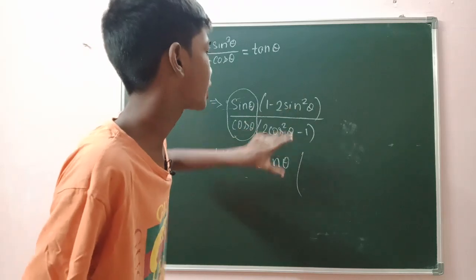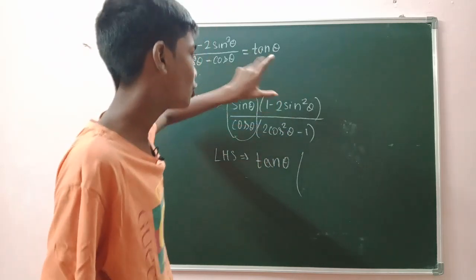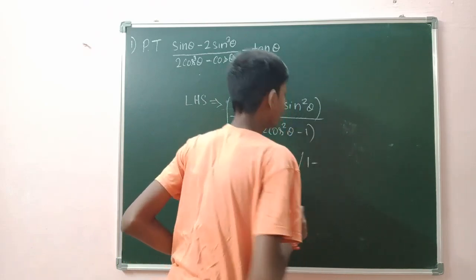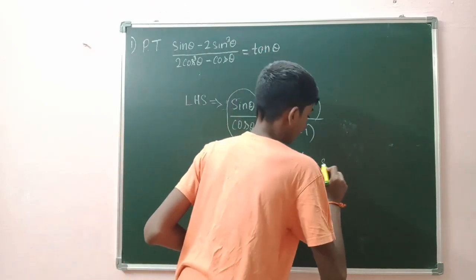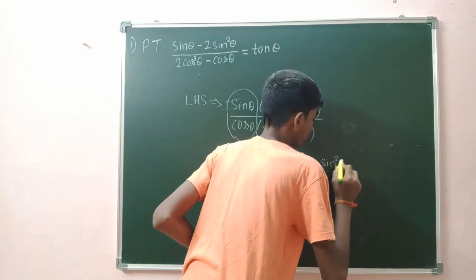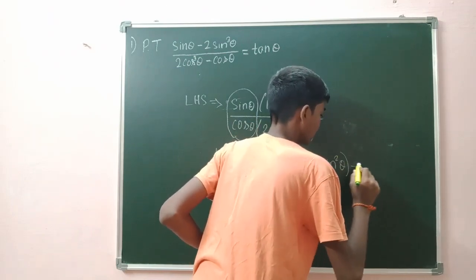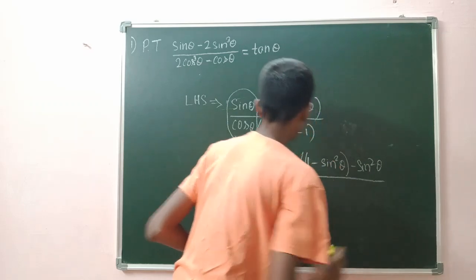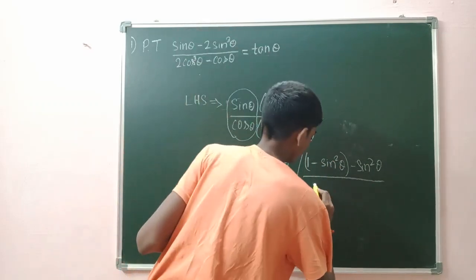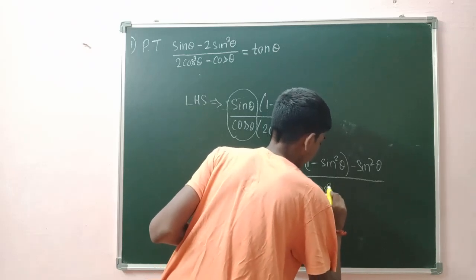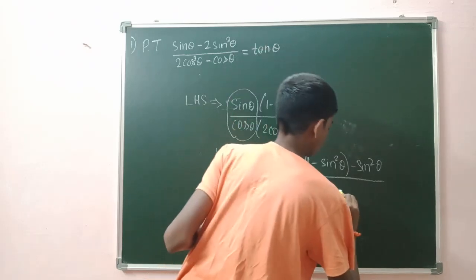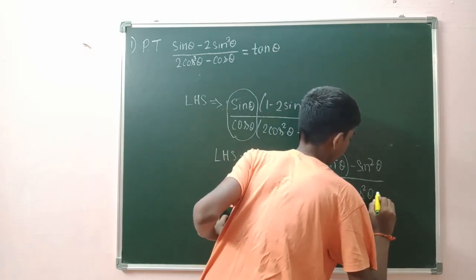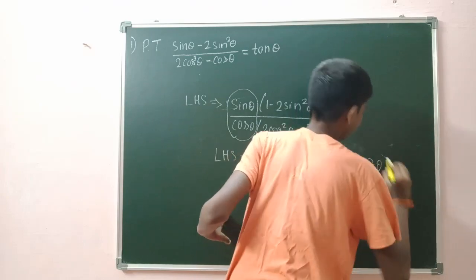Can't I write these two expressions in the numerator and denominator as 1 minus sin square theta, then minus sin square theta, and the denominator as cos square theta plus cos square theta minus 1, then the bracket. Can't I write like this?